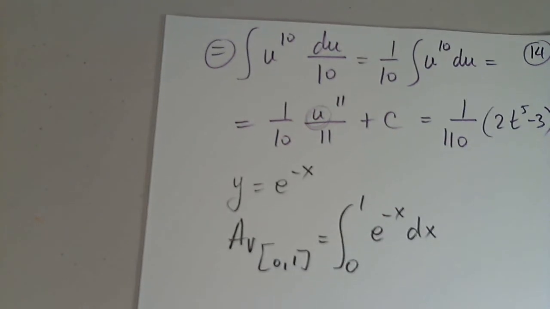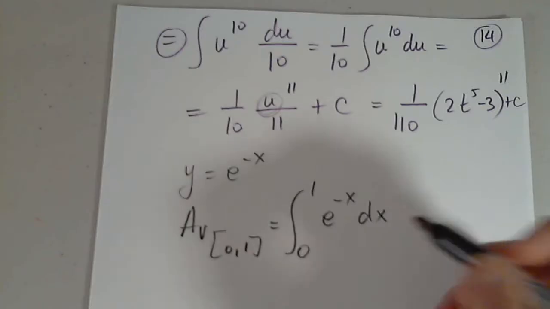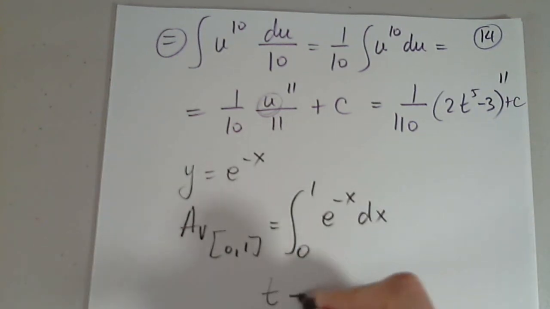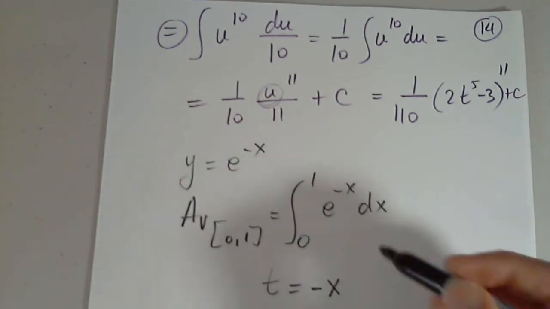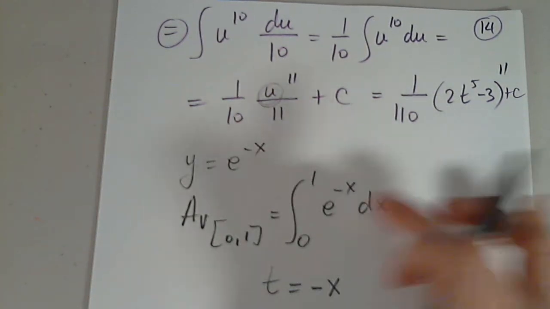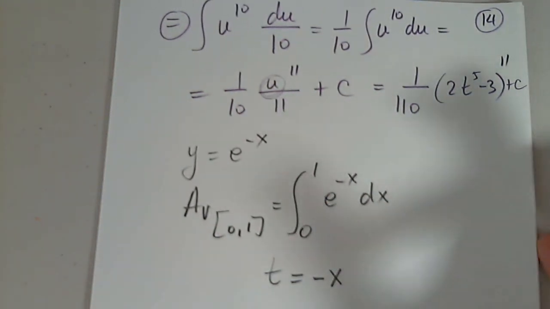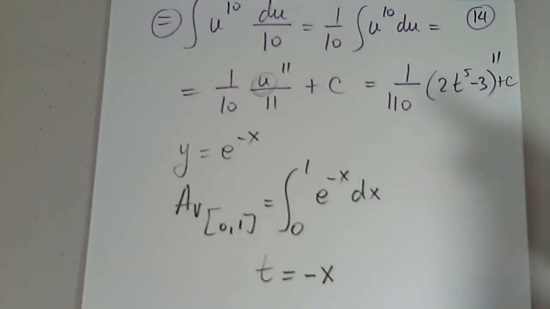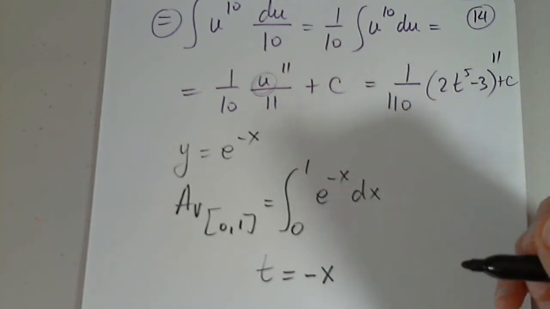But now I realize that I have to use a notation, let's say t equals negative x, because I don't know what an antiderivative is. I do, by practice, but I want to show you why it is what it is. And moving forward for this function, we can remember the antiderivative.